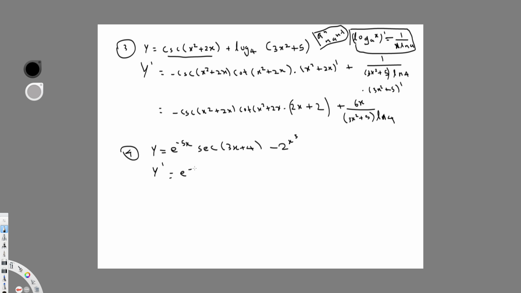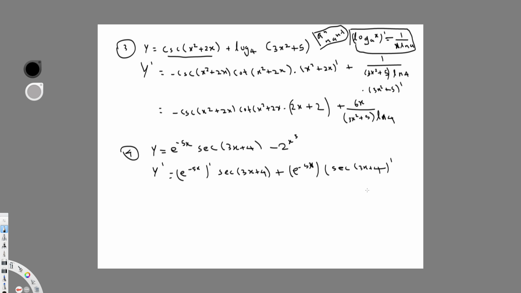It's going to be the derivative of e to the power of minus 5x, and I multiply the other one as it is. And the next one is going to be e to the power of minus 5x, the same, and the other one I have to find the derivative of, sec of 3x plus 4, derivative.